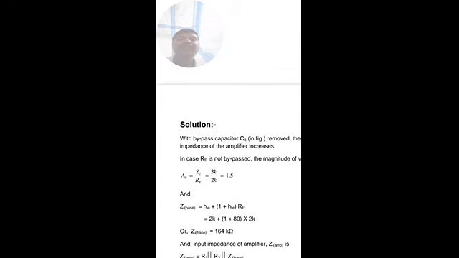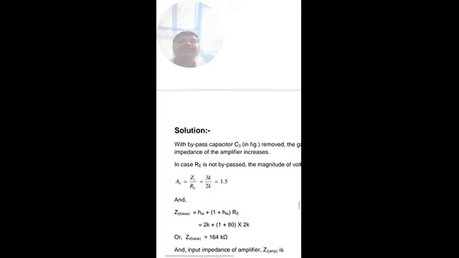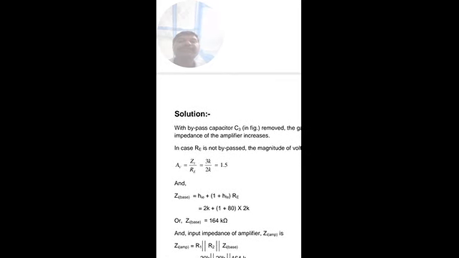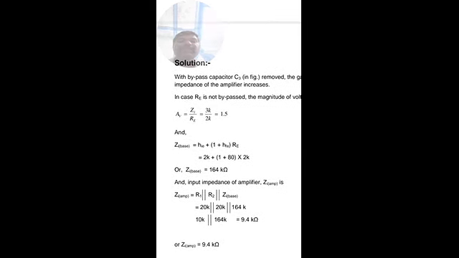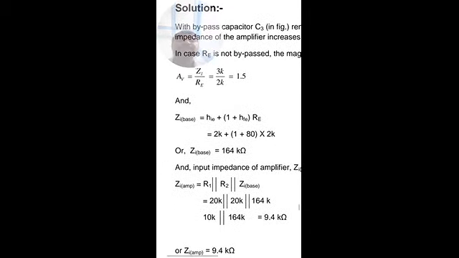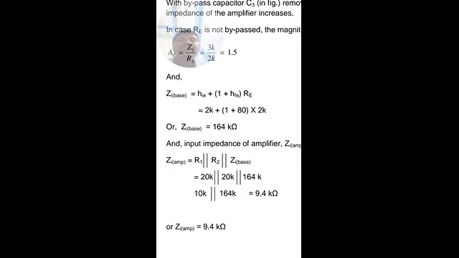The magnitude of the voltage gain AV is ZL by RE, 1.5, and the input impedance of the base is HIE plus 1 plus HFE into RE, 164 kilo ohms. The input impedance of the amplifier circuit is RB in parallel with Ri, it is 9.4 kilo ohms.